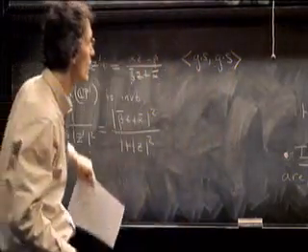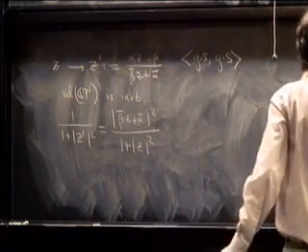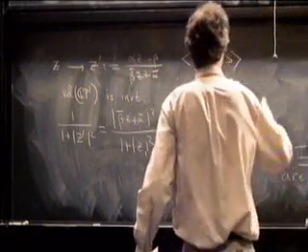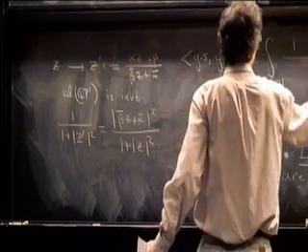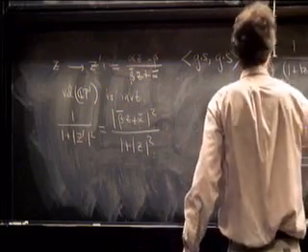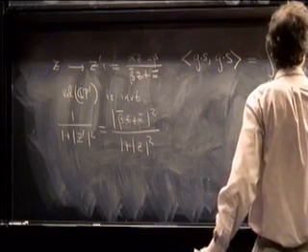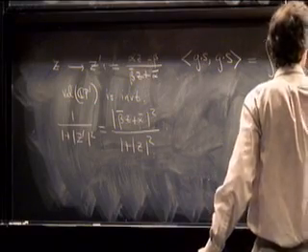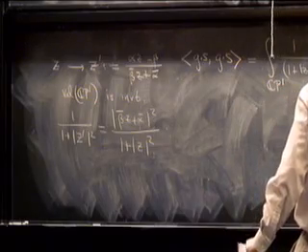That's equal to the integral over CP1 of 1 over (1 plus |z|^2) to the k times |g dot s of z| squared times the volume form.